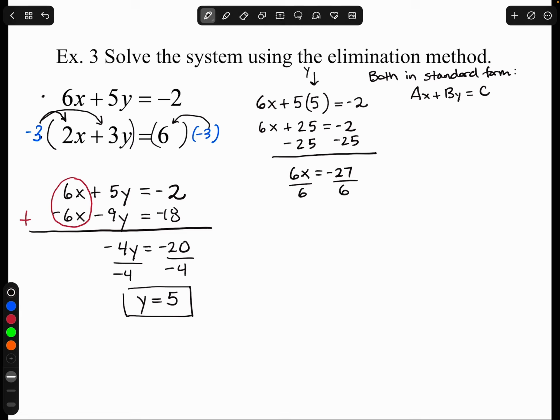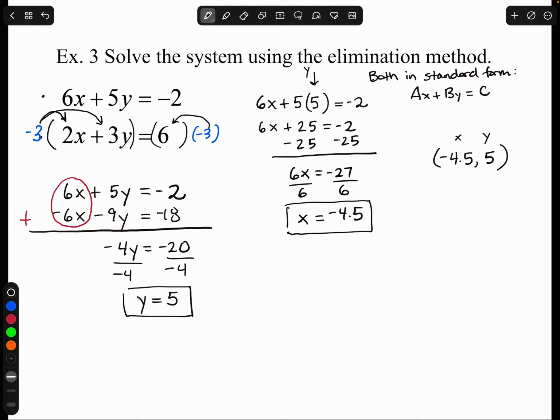We get 6x is equal to -27. Divide each side by 6. x equals, I think that's -4.5. So you see there, x is -4.5 and y is 5. So our solution looks like it's (-4.5, 5).